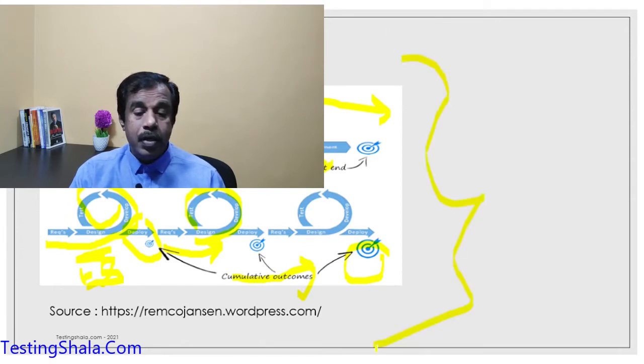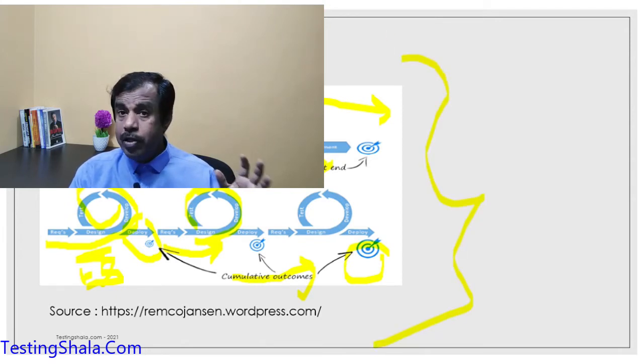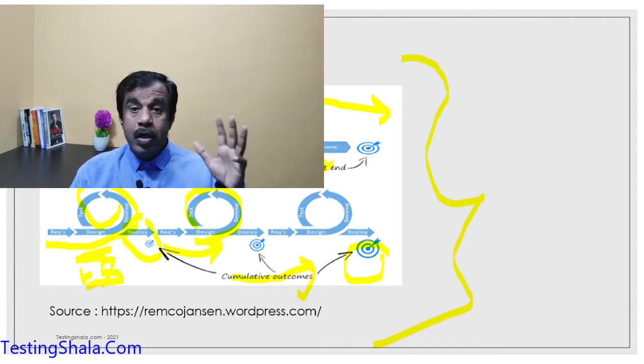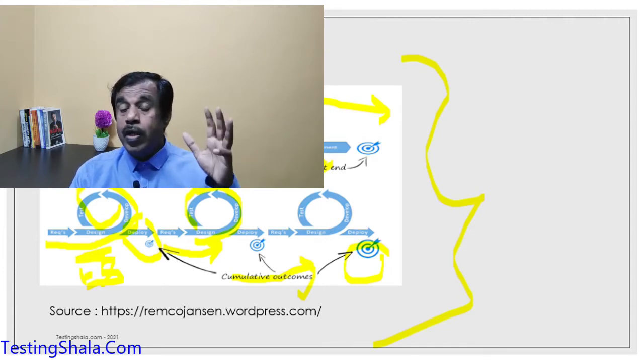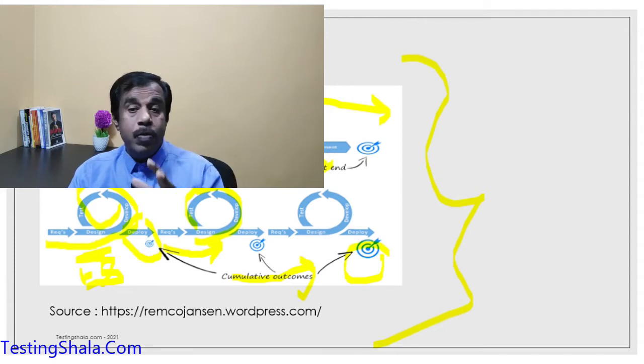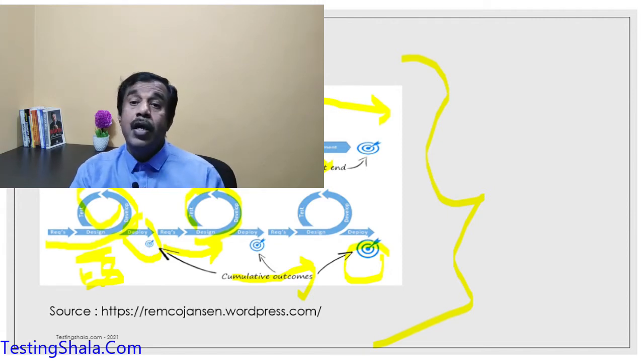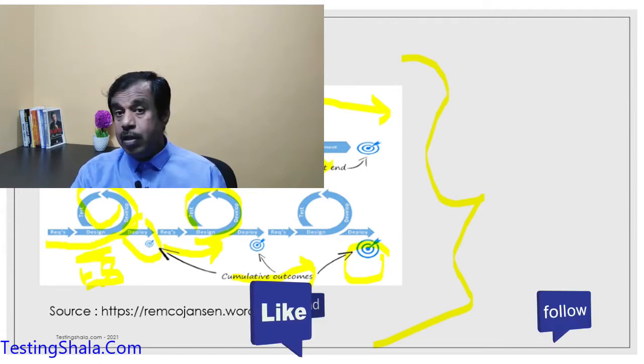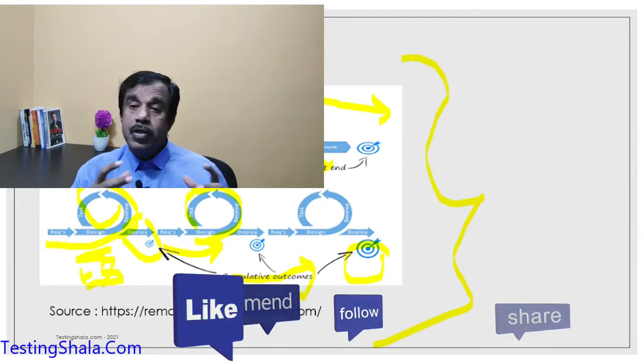That is the main difference between the waterfall model and the Scrum model: in the waterfall model the customer can see the working product only at the end of the release, but in agile or Scrum the working minimum viable product can be seen even in the first week, second week or third week, based on the length of the sprint.